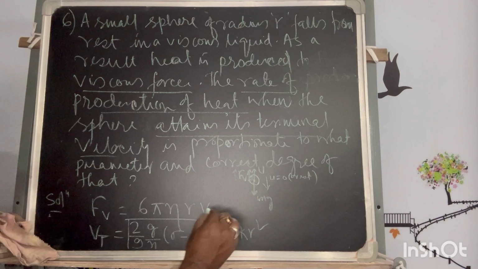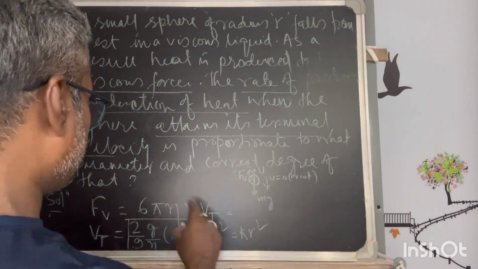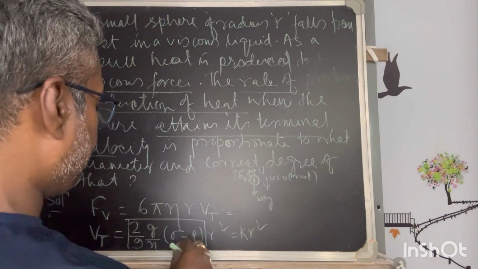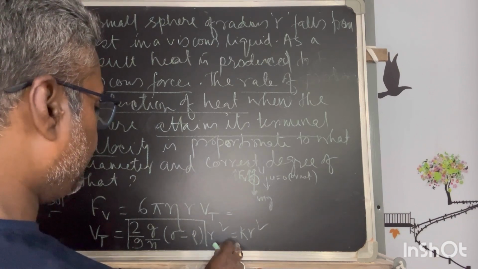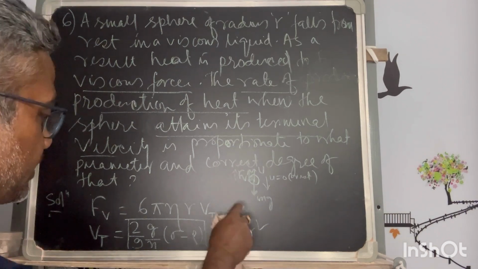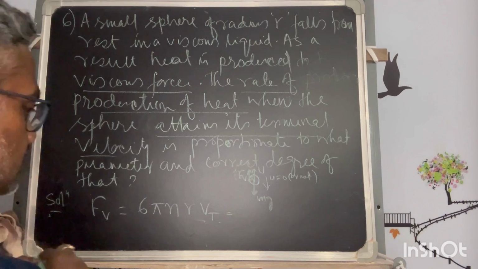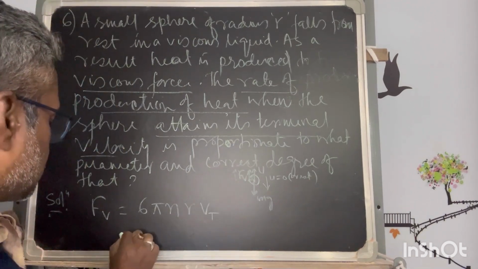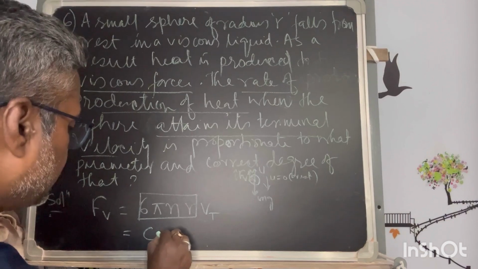So Vt is k into r square. If I replace it here, in place of Vt, I put k r square. This part also has some constant, so let it be C into Vt.